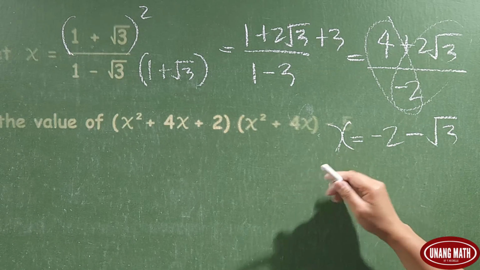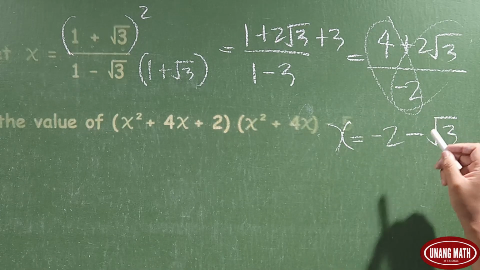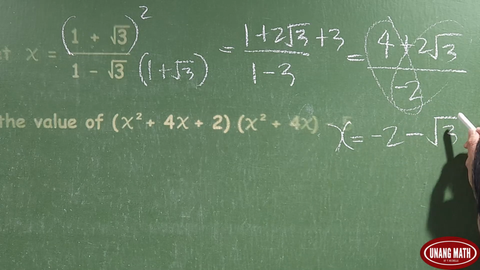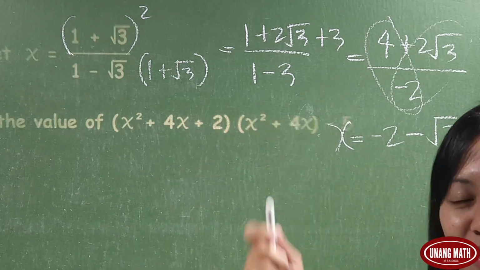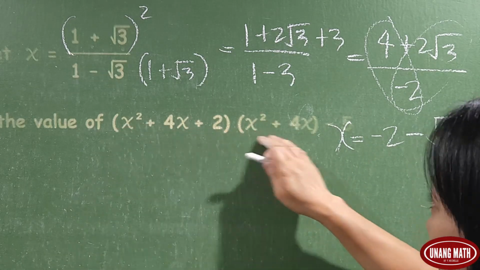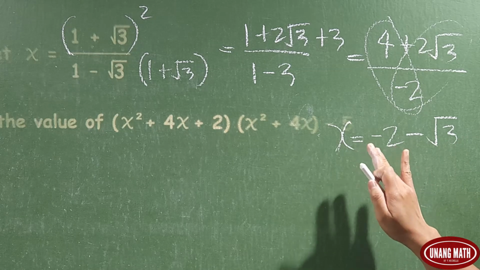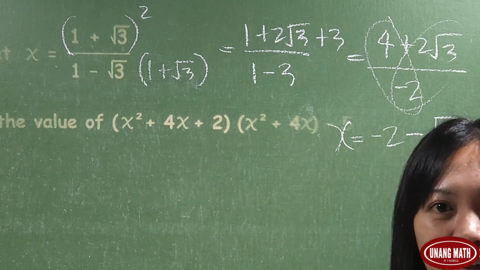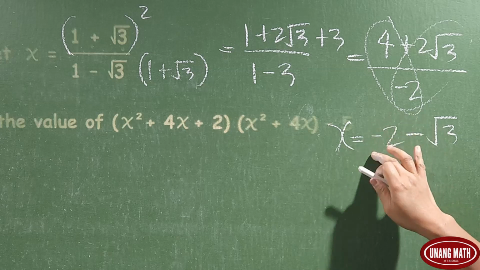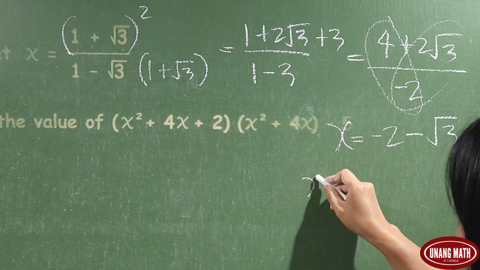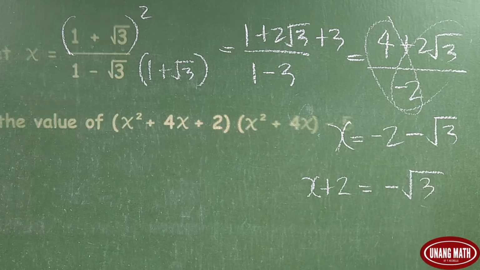So if the value of x is a rational number plus or minus an irrational number, we will find this quadratic expression. So how are we going to do that? We will use transposition. We will move this negative 2 to the left side. So now we have x plus 2 is equal to negative square root of 3.